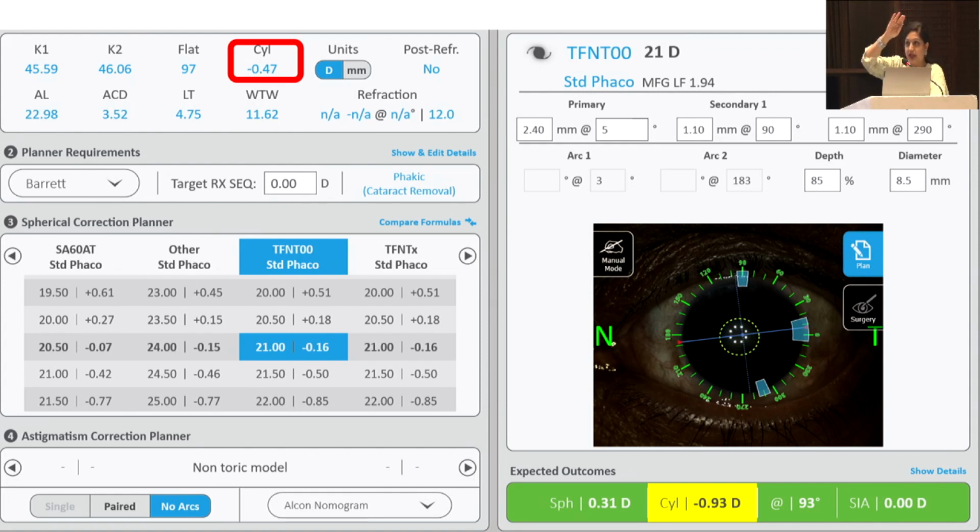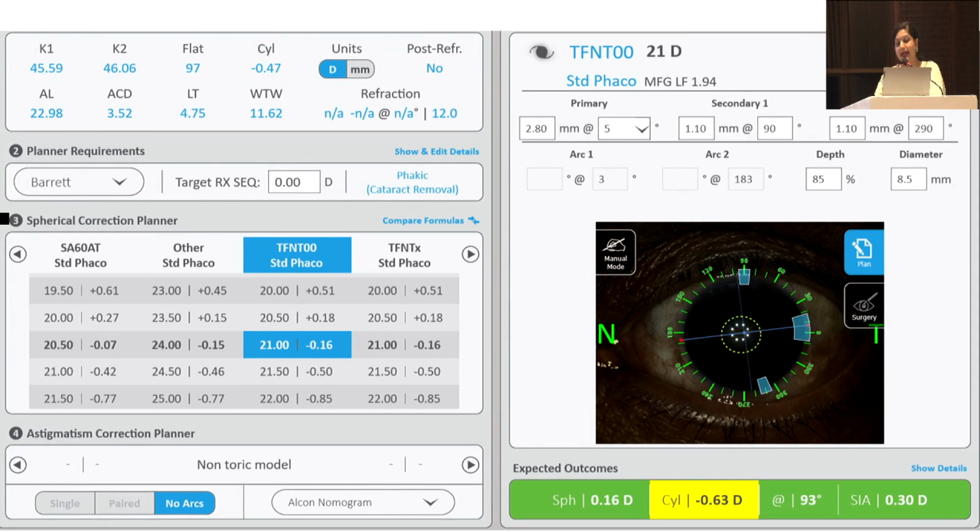So a 0.47 has changed to a 0.93, which is quite high if you are planning a plain lens. Here you can see the SI is 0. Now, if you have a 2.8 millimeter incision, like I'm showing there, SI is 0.3, and it comes down to 0.63, which is also not very low.